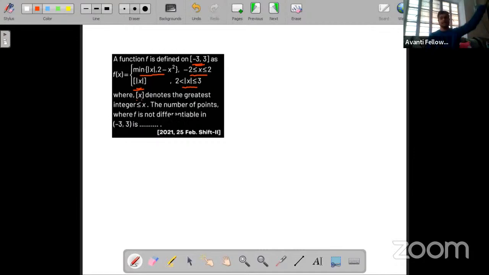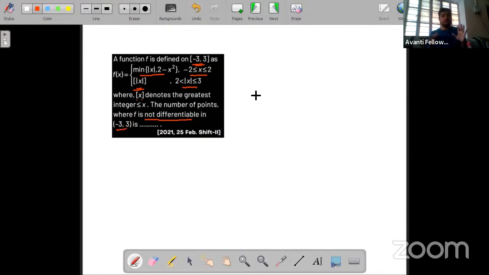Clear? Then we have to find the number of points where the function is not differentiable in the open interval -3 to 3.